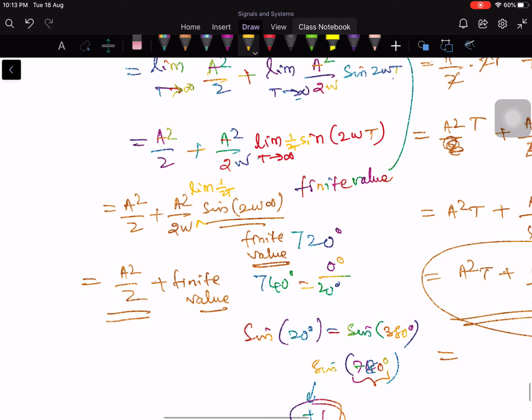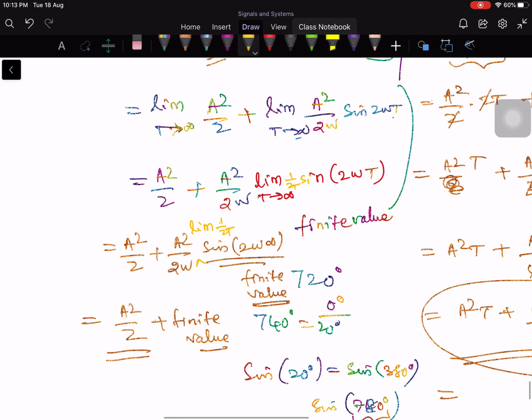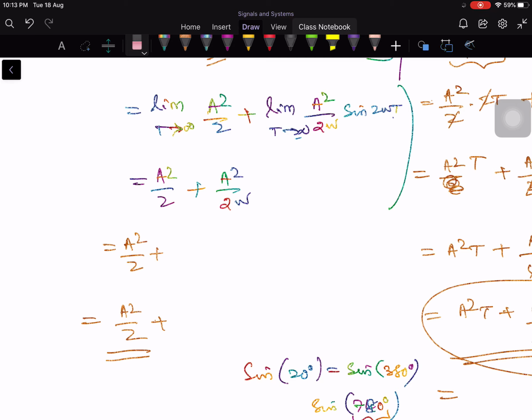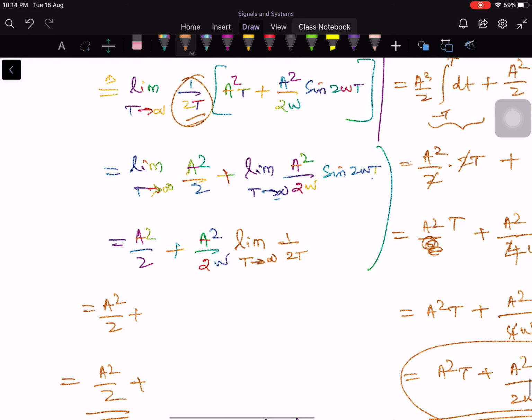Maybe I'll do it again, it becomes messy, so one minute. Just hold on. Limit t goes to infinity 1 over 2t, because the 2t is coming here, sine of 2 omega t.